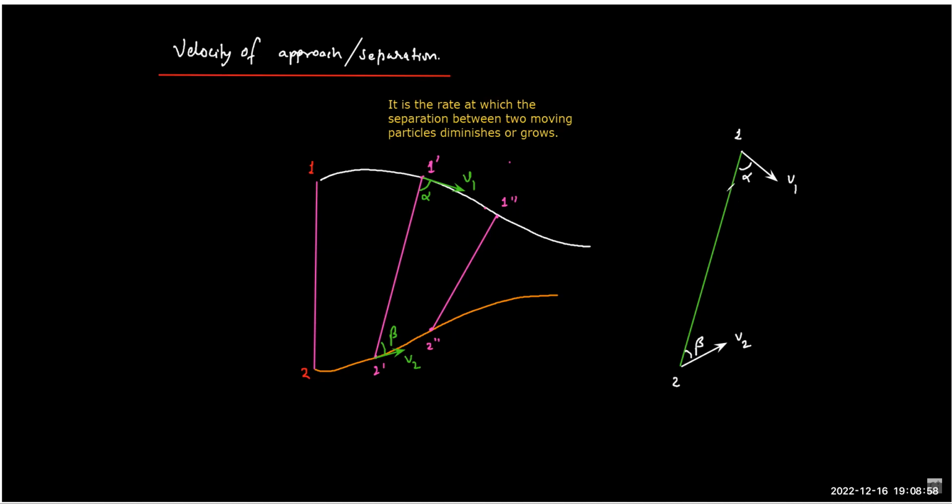So V1 can be resolved into two components. Let's call one V1 cos alpha. This is V2 cos beta. Always resolve the velocity along the line joining the particles at any given instant, and also draw a perpendicular velocity, V2 sine beta, and likewise for V1.